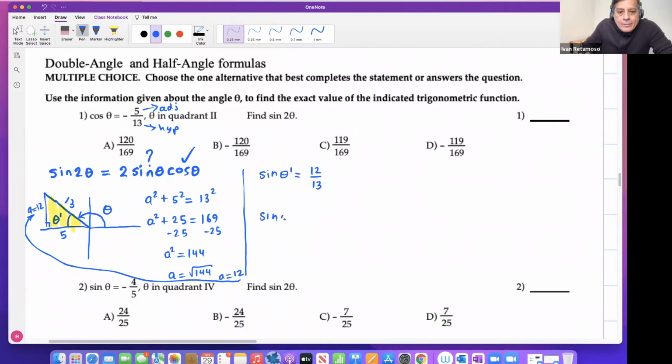Now the sine of theta, the one I'm looking for in my formula, should have the same value as the sine of the reference angle, but the sign might not be the same. We have to check the sign with this nice mnemonic device: All Students Take Calculus. According to All Students Take Calculus, can anybody tell me what the sign of the trigonometric function sine should be, positive or negative, on the second quadrant?